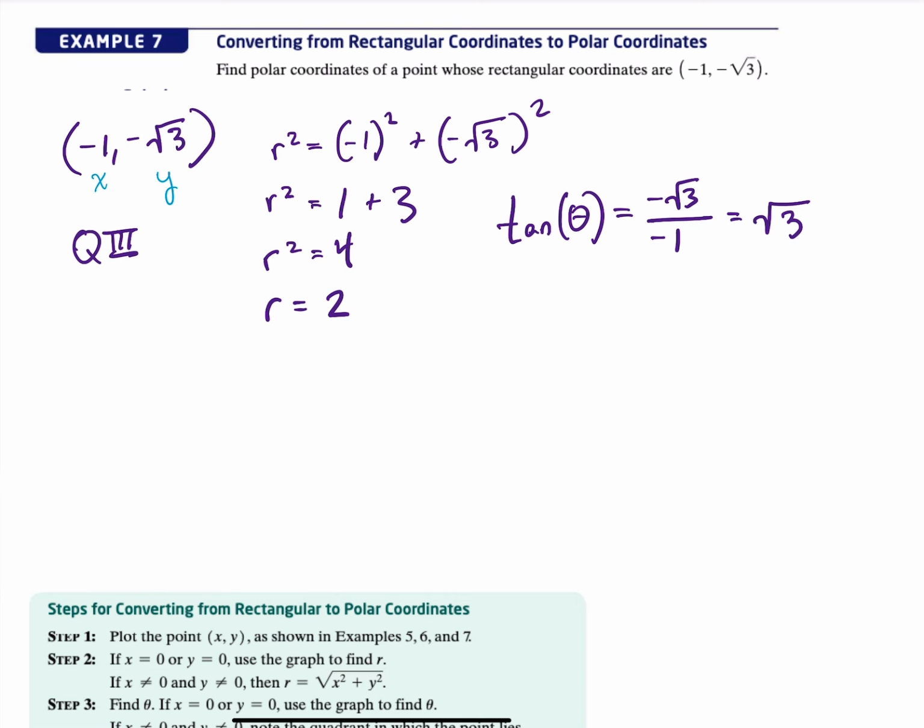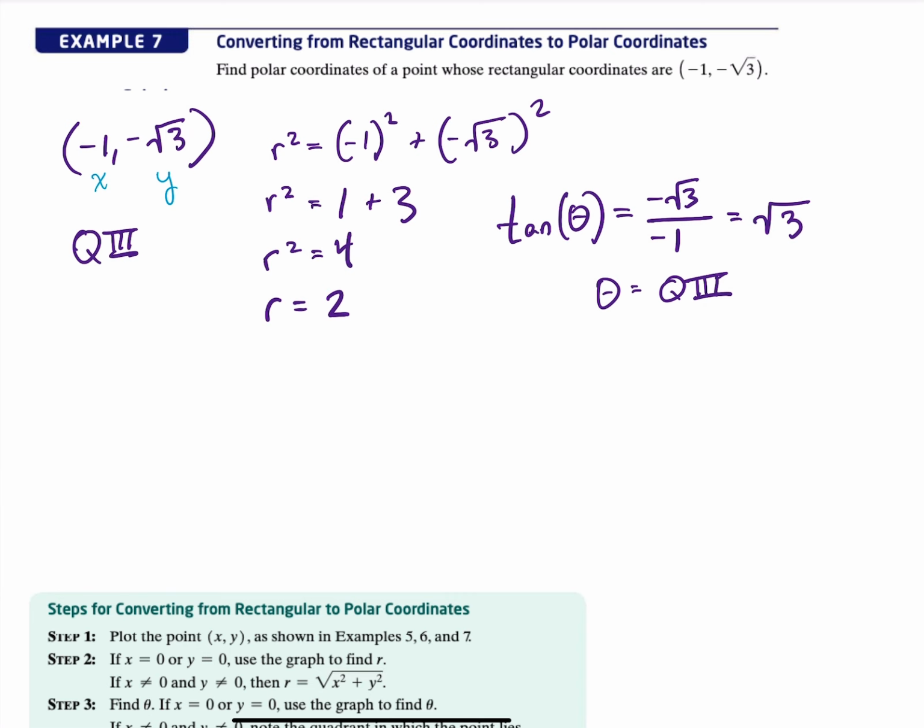And we know that theta is in quadrant 3. So what angle will this be in? Tangent is usually either plus or minus 1, that's at the pi over 4 angles. It will be plus or minus root 3 at the pi over 3 angles, and plus or minus root 3 over 3 at the pi over 6 angles.